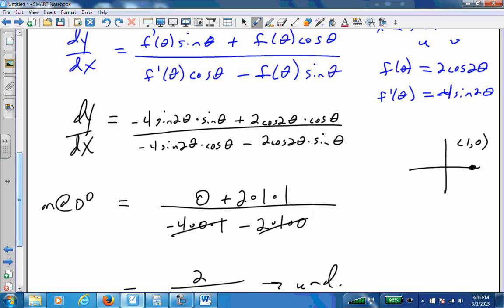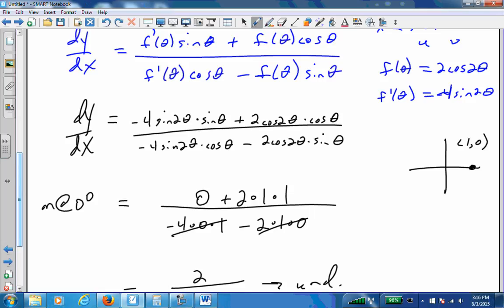Top. If we have a vertical tangent line, what slope is that? Undefined. How is this undefined? At the denominator. So we could set the denominator equal to 0 and find out when that would be undefined. That'd basically be solving a trig equation.